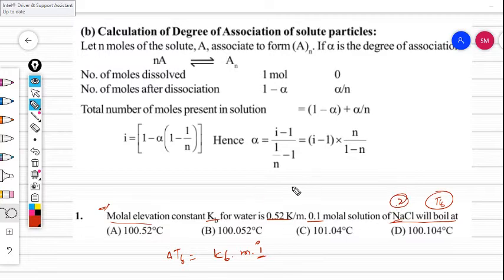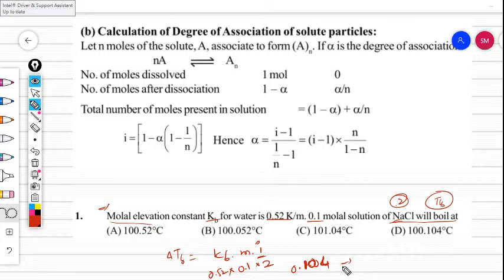Based on the calculation we did just now, the i value will be 2, the molality is 0.1 and Kb is 0.52. If you multiply, 0.52 into 0.1 into 2 gives 0.104.